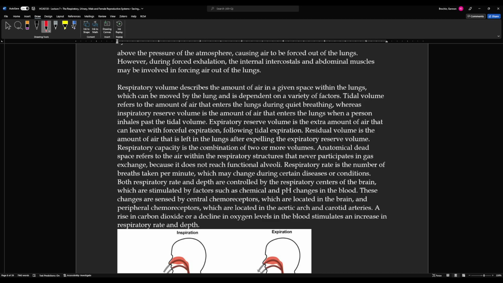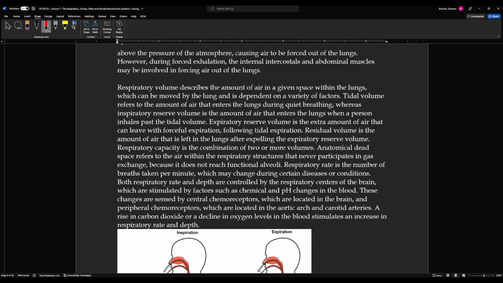The exact opposite exists, which is expiratory reserve volume. You've exhaled during tidal volume, and then you force out the rest of the air that you can. Residual volume is then kind of what's left after you've forced as much air out of your lungs as possible.